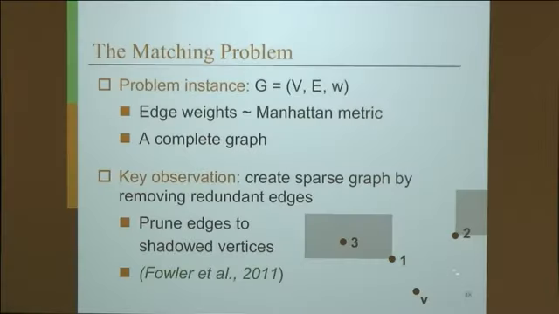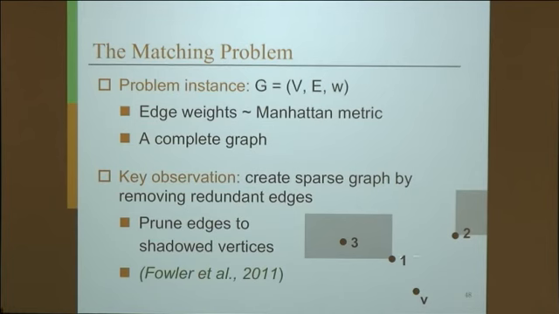So one observation that is due to Fowler is that we don't need to solve the most general minimum weight matching problem, but we can prune certain edges from consideration. So here's an example. We have a vertex V, and we want to match it to some other vertex. And Fowler's observation tells us that points in space cast shadows.